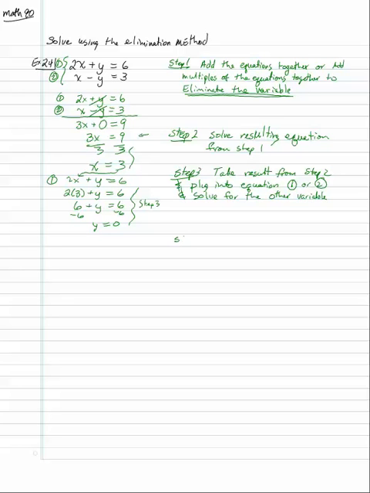And then step 4 is, again, it's not really a step, I just like to emphasize it. Write your solution as a point, unless it's one of the special cases.